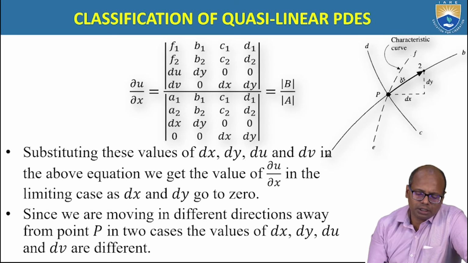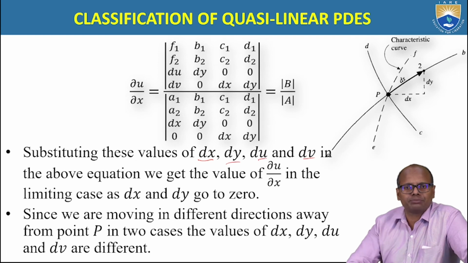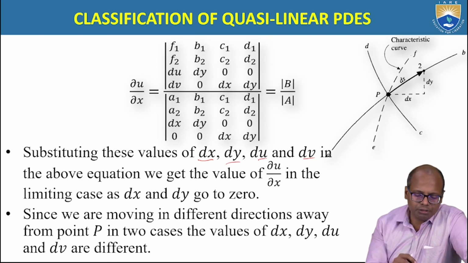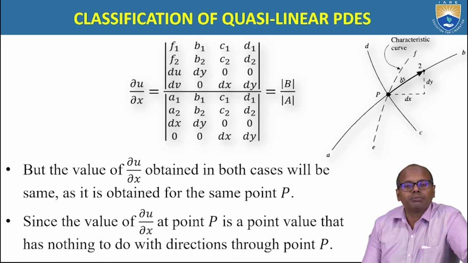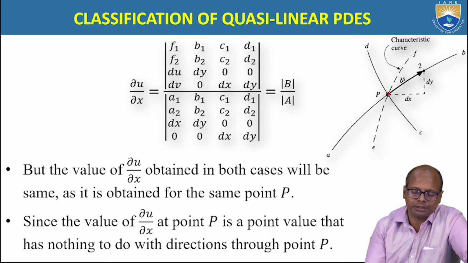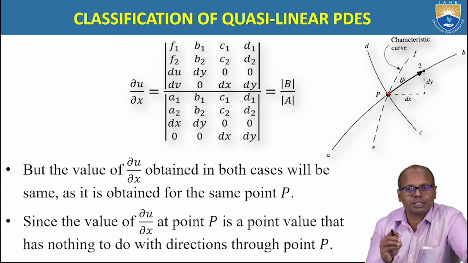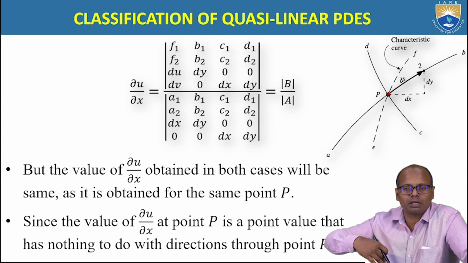What we can observe is that the values of dx, dy, du, dv are different, but the value of dou u by dou x will be the same, because the dou u by dou x we are speaking of is of the point P. The dou u by dou x is related to P and the point is fixed, irrespective of the direction of the curve that we are passing.